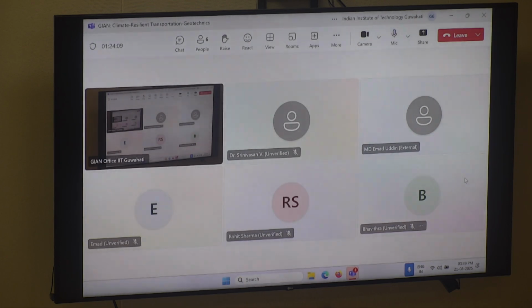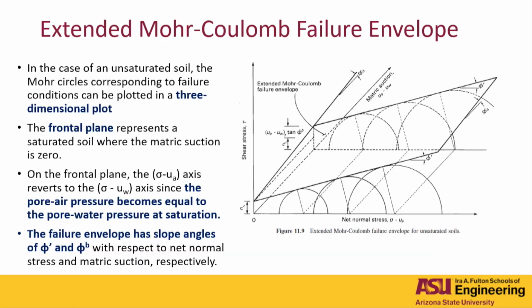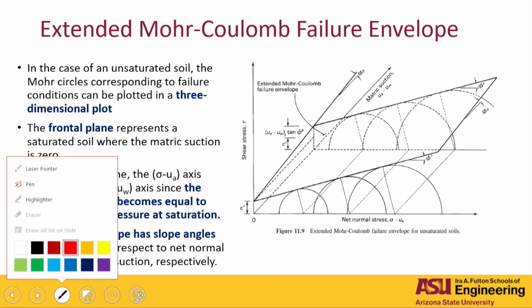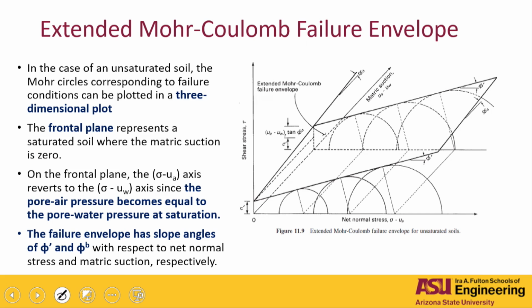All right, so what I was telling you here is that if we want to extend the Mohr-Coulomb criteria to account for the unsaturated soil condition, if you just check this graph, the first plane that you see at front is your net normal stress versus shear stress at zero suction. Zero suction means this plane is the saturated plane. Do you agree with me? Do you understand that? Yes.